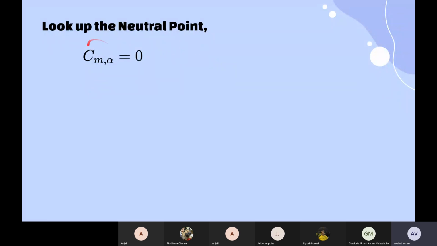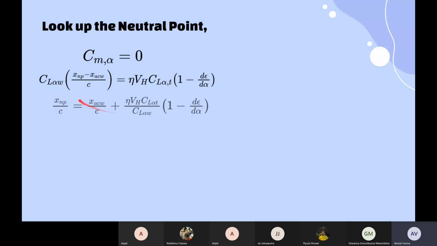As Cm alpha is 0 for the neutral point, that is the definition of neutral point, by keeping Cm alpha 0 in that previous equation, we get this quantity. If you manipulate it properly, you get the value of your neutral point, and focus here that the value of the neutral point comes out to be greater than the aerodynamic center.